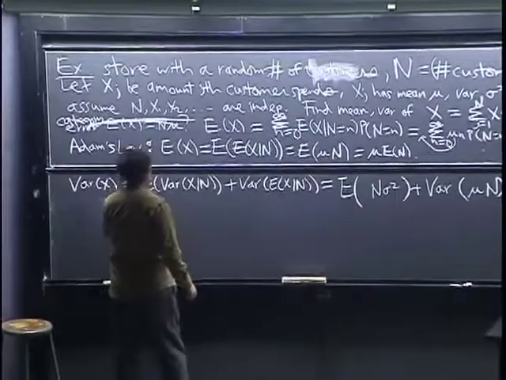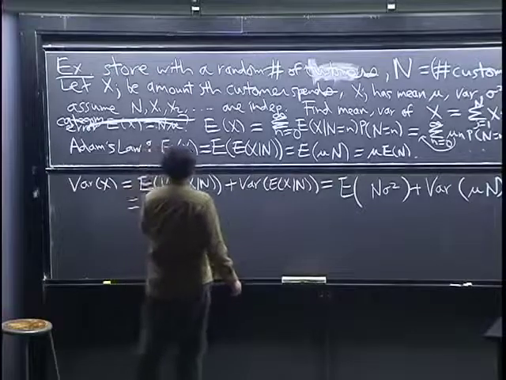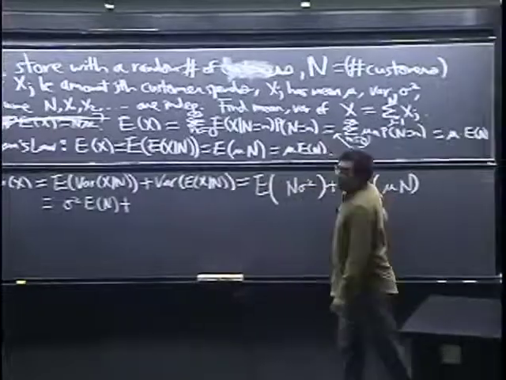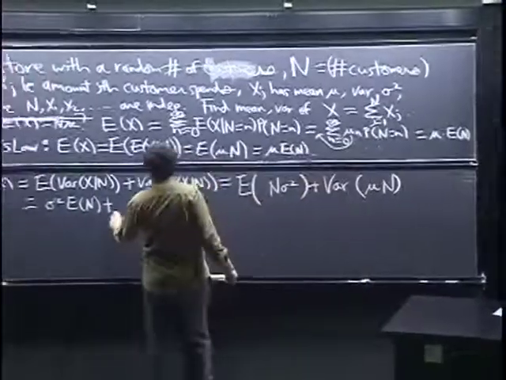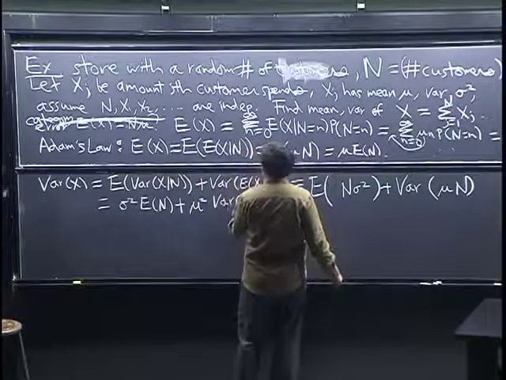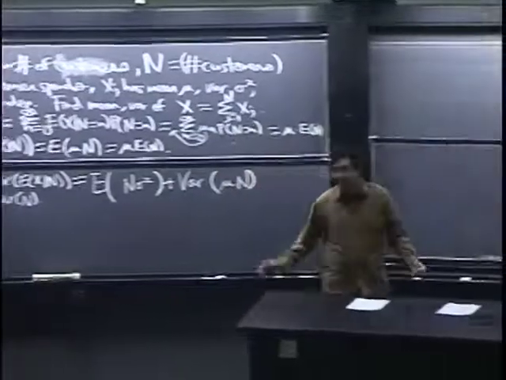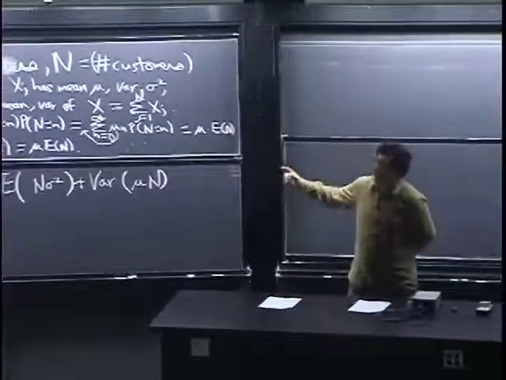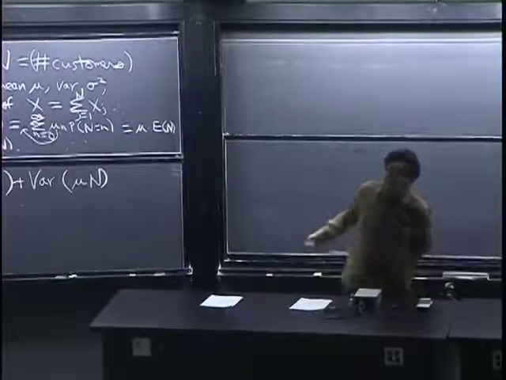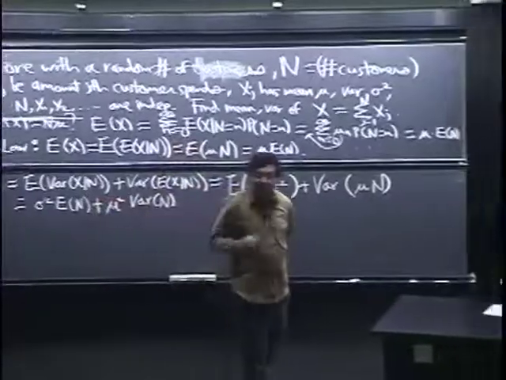So this is sigma squared times E of n plus, and then the mu comes out squared, so it's mu squared times the variance of n. So that's the variance in terms of the mean and variance of n. Of course, I could have said n is Poisson lambda, and then you would just plug in lambda and lambda. But this is more general.